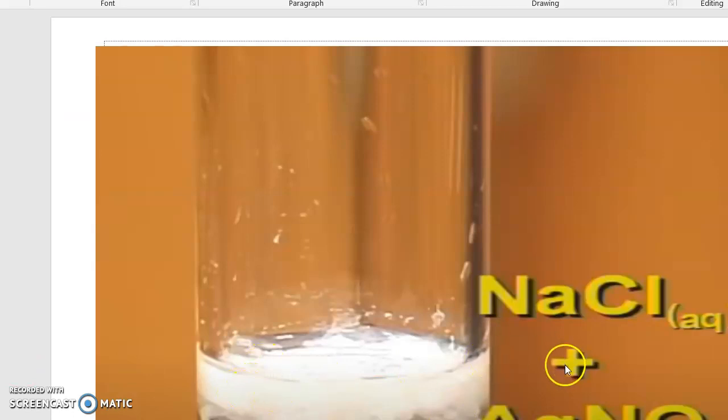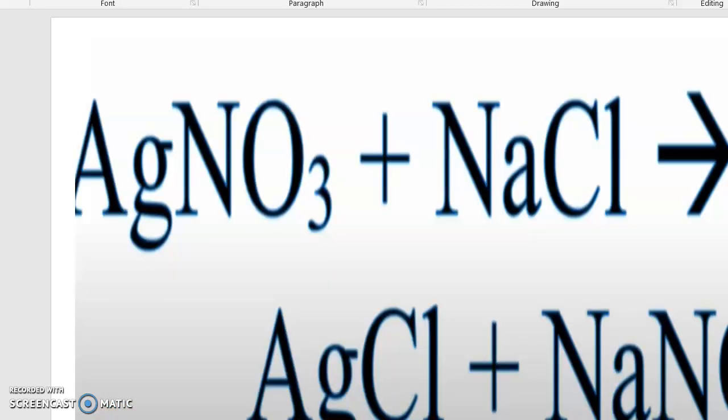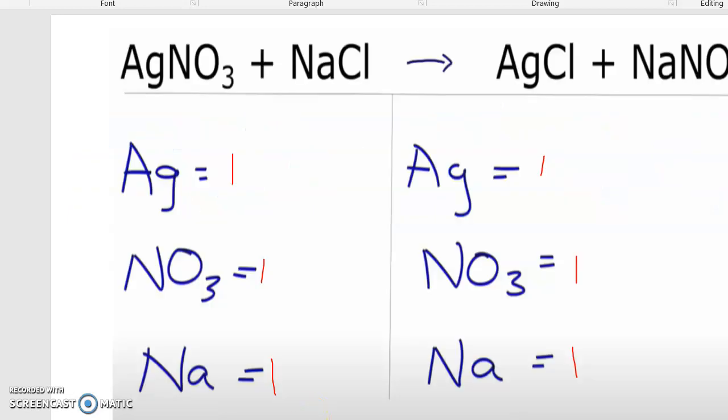When NaCl is mixed with AgNO3, a white color precipitate is formed. This is a white color precipitate. Next we will see how to balance the equation. AgNO3 plus NaCl gives AgCl and NaNO3.